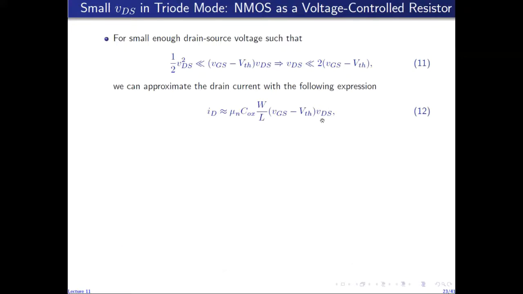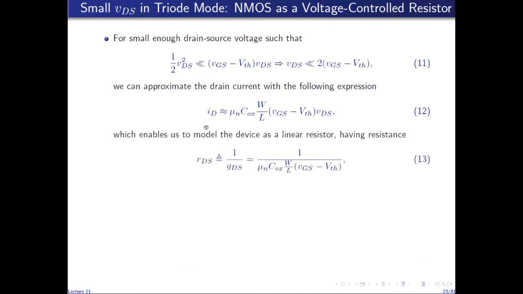So if we look at this expression, then the ratio of VDS to ID is equal to 1 over this term. Since the ratio VDS to ID is the ratio of the voltage of the drain with respect to the source to the drain current flowing between drain and source, this ratio VDS over ID can be called the resistance of the channel between drain and source.